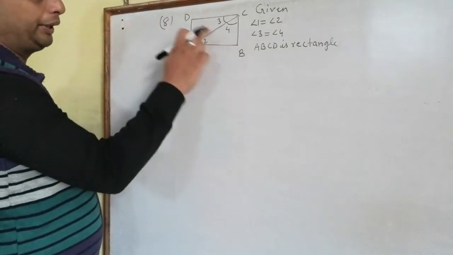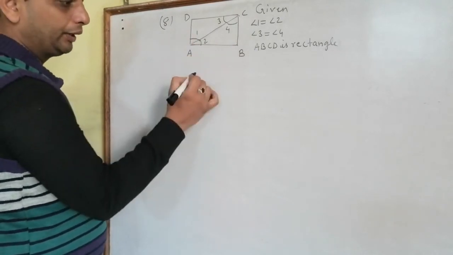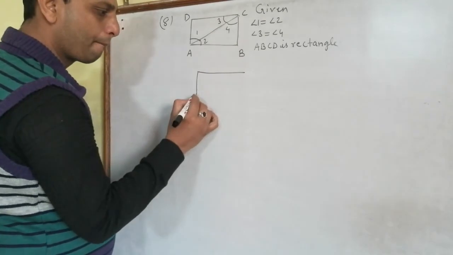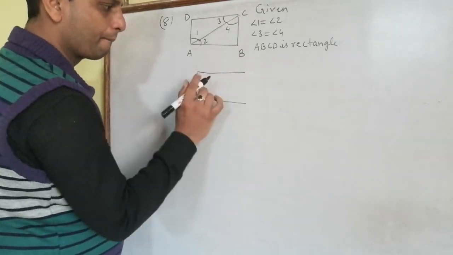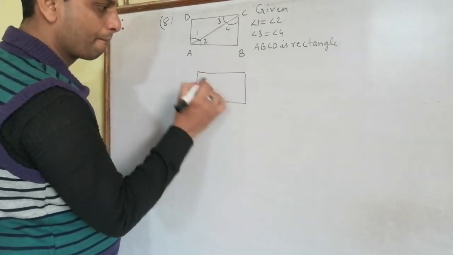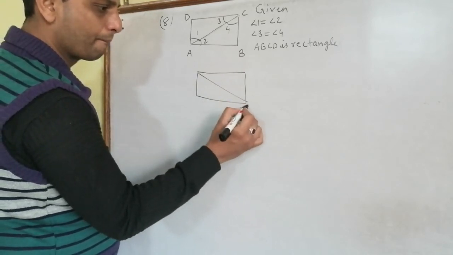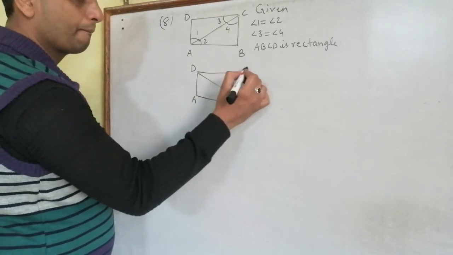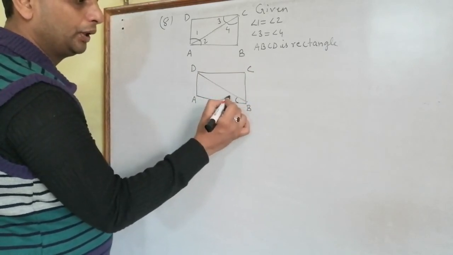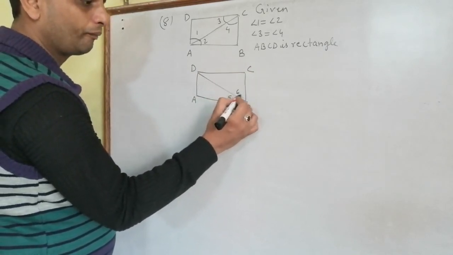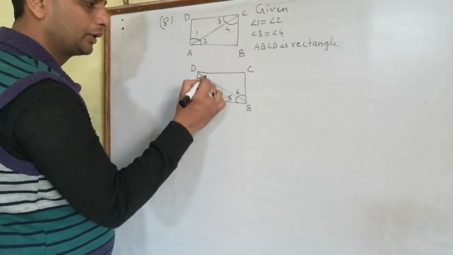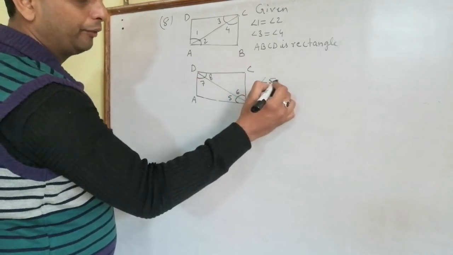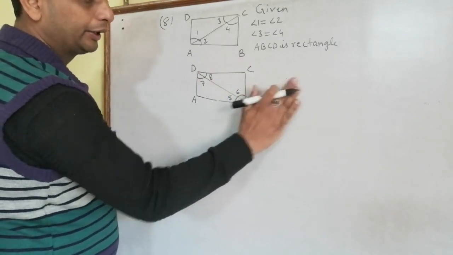So we can draw this BD to the other side. So I am making this figure separately here. Just now we had proved this one. 5, 6, 7, 8. This we have to make equal. We have to make 5 equal to 6 and 7 equal to 8.